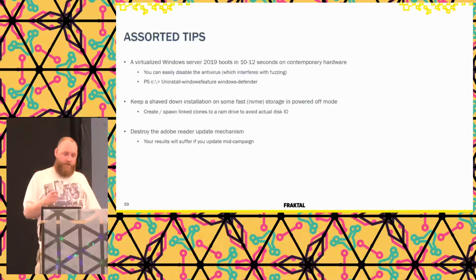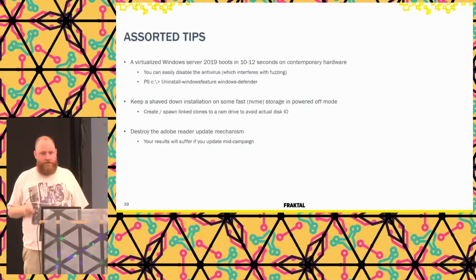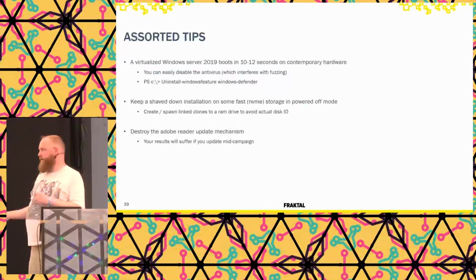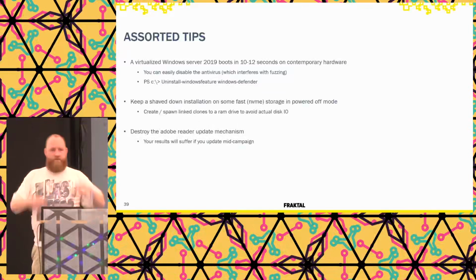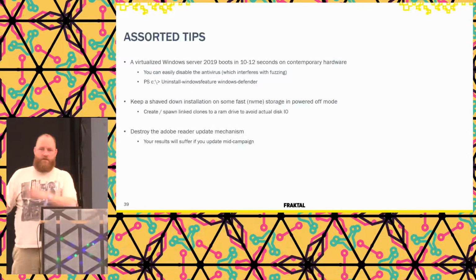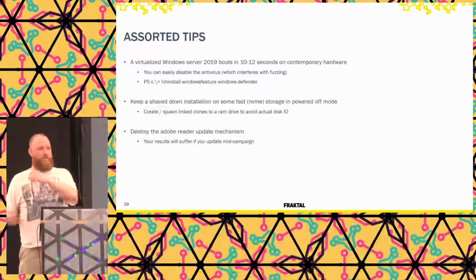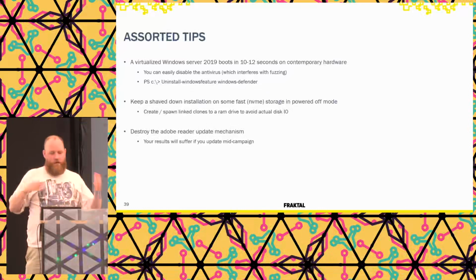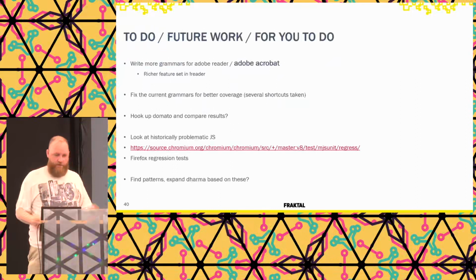And definitely destroy the Adobe Reader update mechanism, because otherwise it's just going to update mid-campaign, and then you come in and you have a big queue of crashes you want to analyze, and they're no longer crashing, and you're like, what the hell is up? Why didn't it work? Did I break something? For me, it was the reader, so destroy that one.